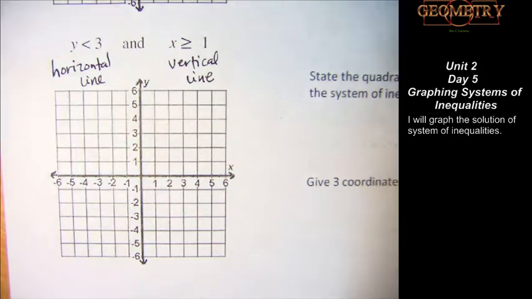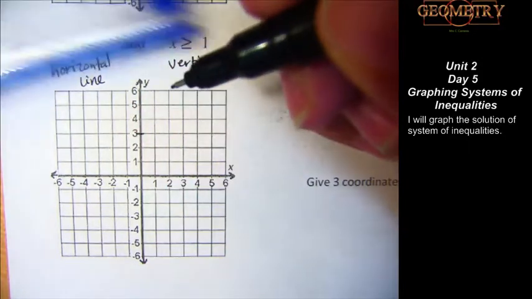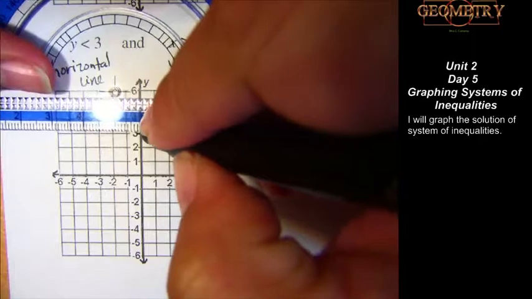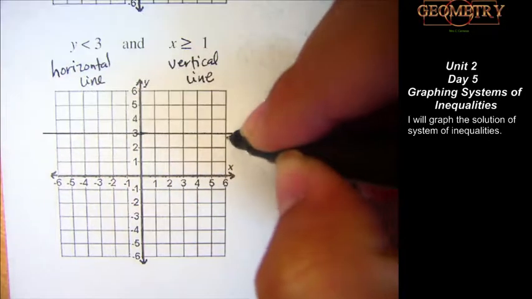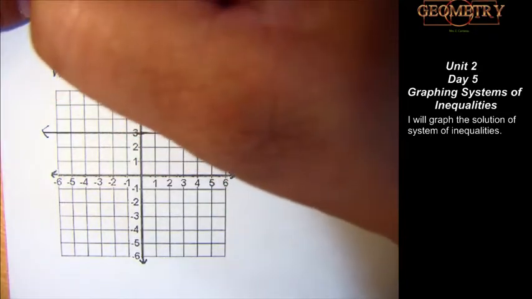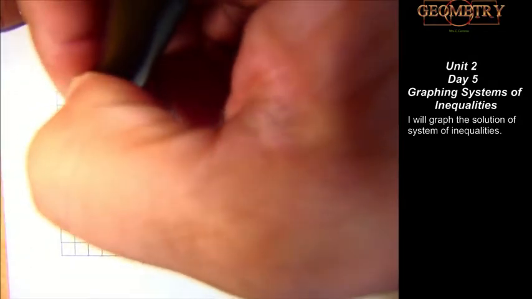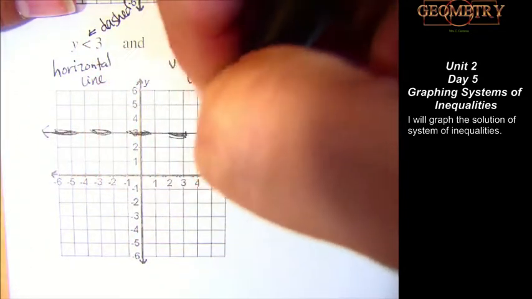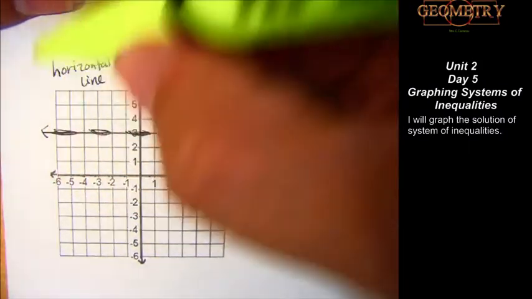All right, so I'm going to go to y is 3, and I'm going to draw a horizontal line at y is 3. And then I'm going to look at the sign, and I'm going to realize that this should have been dashed. And so I'm going to color in my dashes really big and obnoxious so everyone can see. Going to color this in yellow.